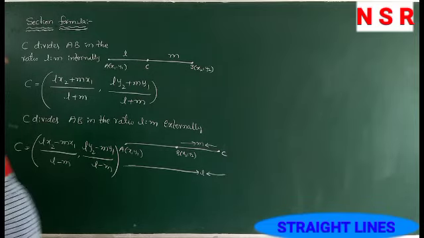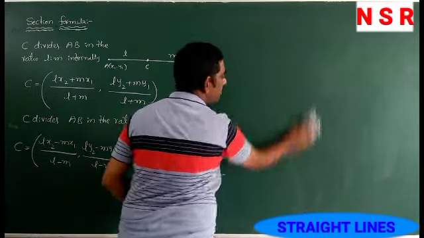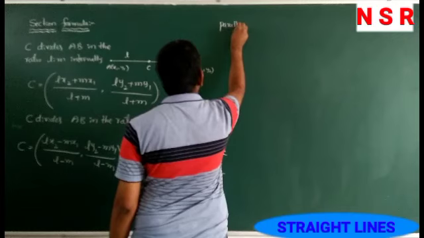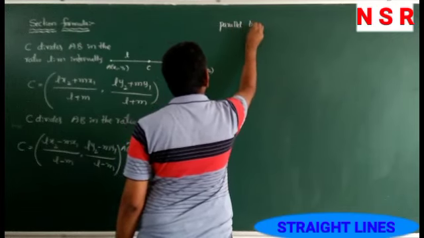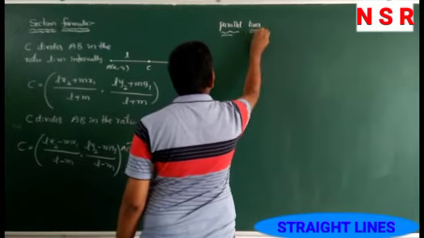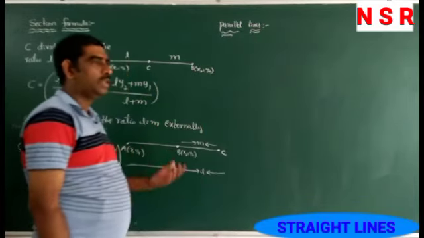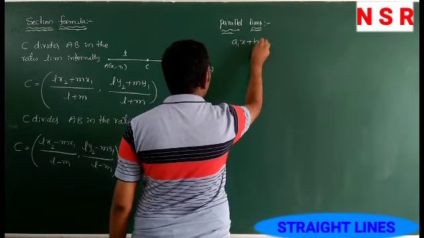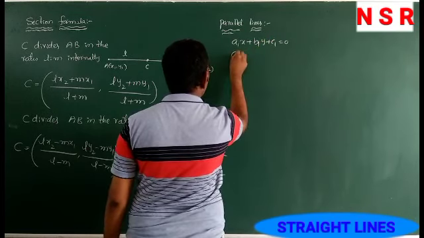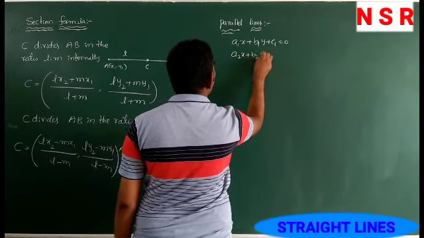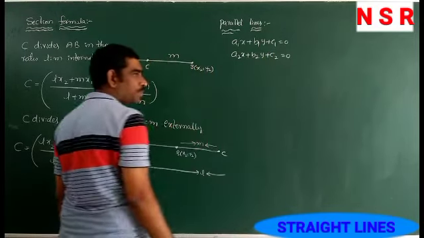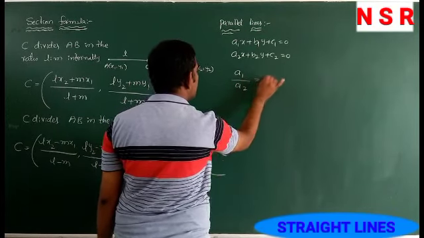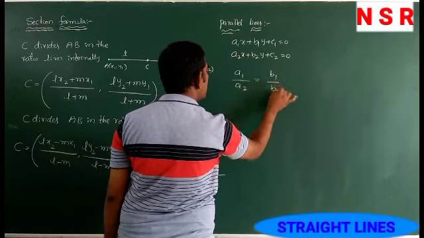So next, the conditions between two parallel lines and perpendicular lines. First one, parallel lines. Already you know that if two lines are parallel, then their slopes are equal. If we are given two lines in the form a1x plus b1y plus c1 equal to 0 and a2x plus b2y plus c2 equal to 0, and these two lines are parallel, then the condition is a1 by a2 is equal to b1 by b2.